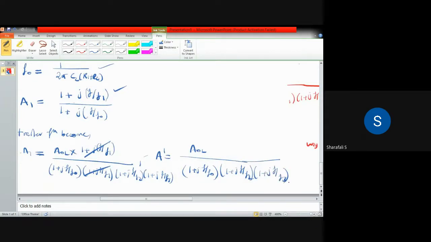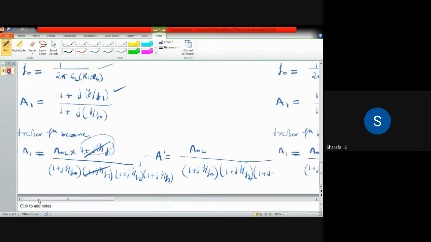Still you have three break frequencies, but the break frequency f1 is cancelled. Because of this numerator value of f1, the first break frequency in the uncompensated circuit is cancelled. In addition, we have one more break frequency, which is f0. So from the figure, we will explain that.